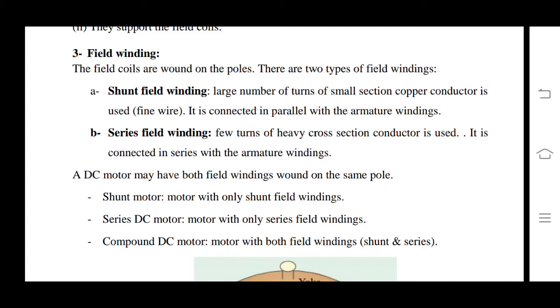It is connected in parallel with the armature winding. In the series field winding, a few turns of heavy cross section conductor is used. It is connected in series with the armature winding.